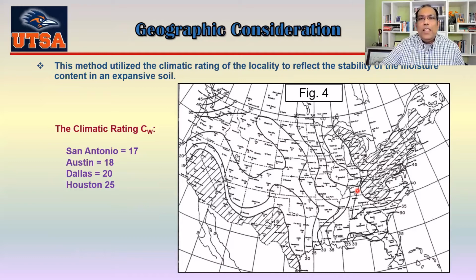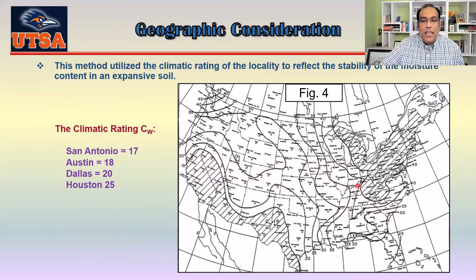Okay, so in that situation, you can understand that the soil will try to shrink when there is no water there, and it will try to swell when it rains or there is a flood, right? So you can see the movement of the soil is maximum for the climate rating 15, and for 45, the effect of that swelling and shrinking would be minimum.